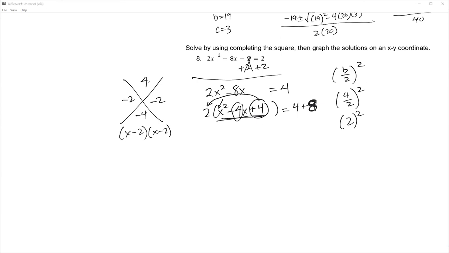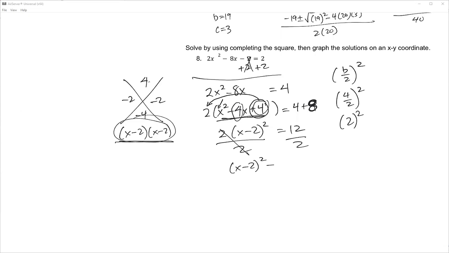Again, notice that when you add the 4 here, you get a squared factor. So it's 2 times x minus 2 squared is equal to 12. Then you divide by 2. And so x minus 2 squared is equal to 6.